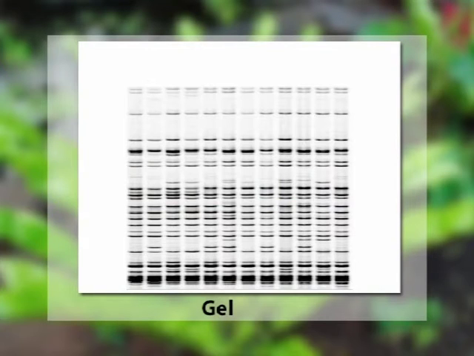The AFLP products are detected by labeling one of the two primers, and the labeled DNA fragments are separated by electrophoresis in denaturing polyacrylamide gels, similar to sequencing gels. Typically, 50 to 100 amplification products are detected in a single lane.